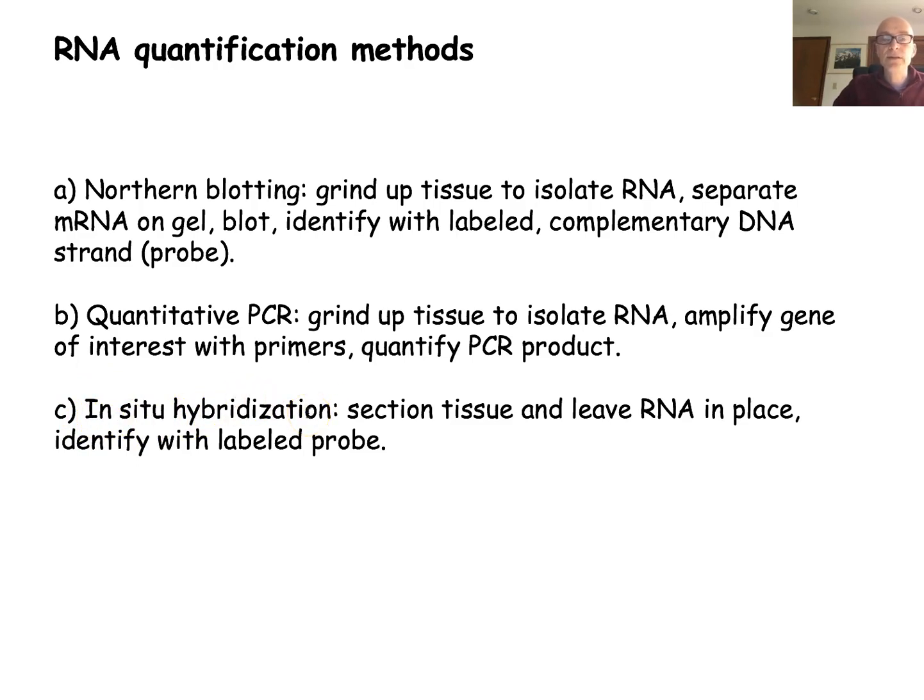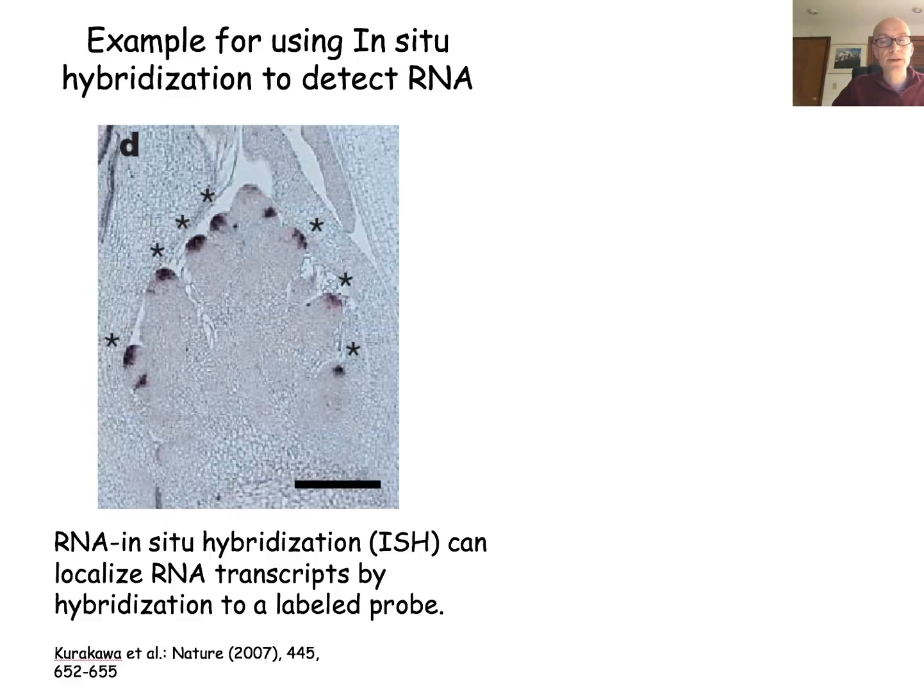It's the same general technique as before, where you have the probe that you have to make, but in this case you leave the RNA in place. You leave the RNA in the tissue, you section the tissue rather than grinding it up, and then you can see exactly where in the tissue, at the cellular level, this particular RNA was expressed.